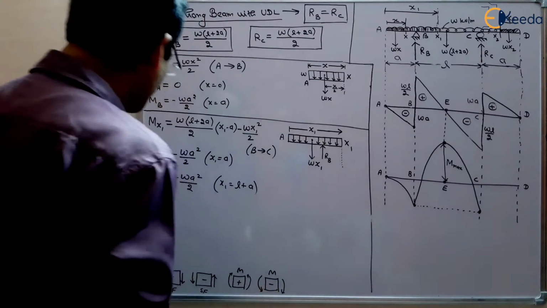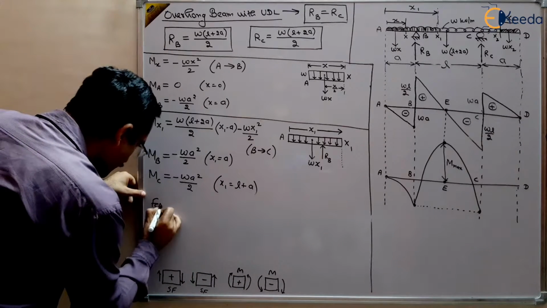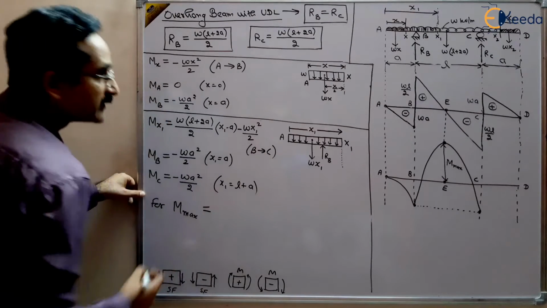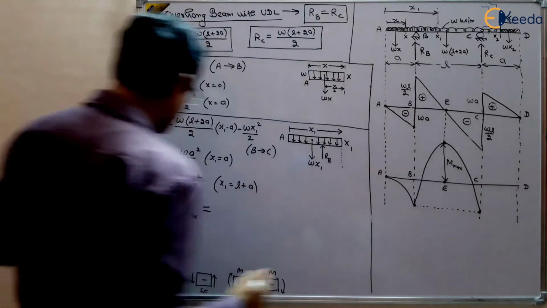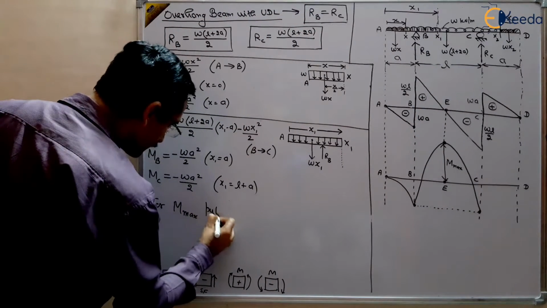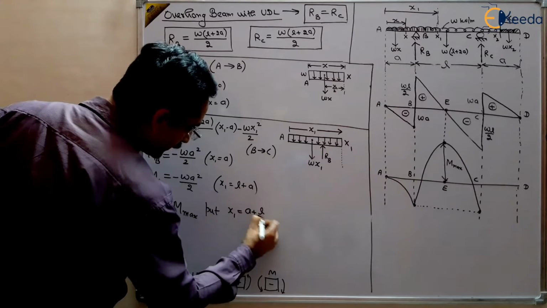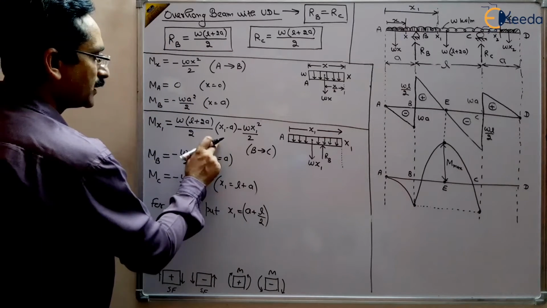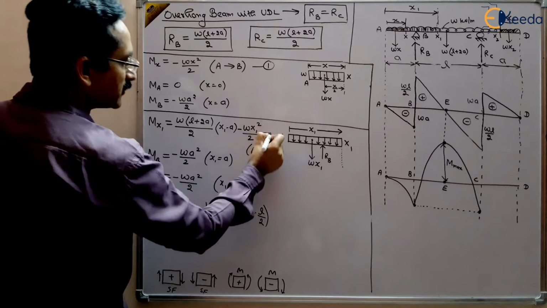So for M max, because M max is lying at the center and the center is a plus l by 2, put x1 is equal to a plus l by 2. This value put in this equation. Suppose this was equation number 1, this is equation number 2.